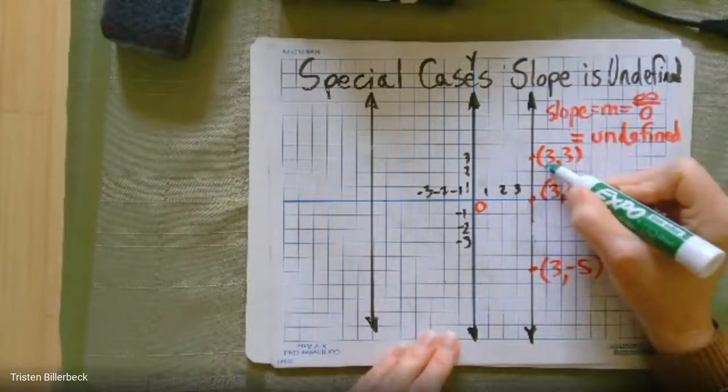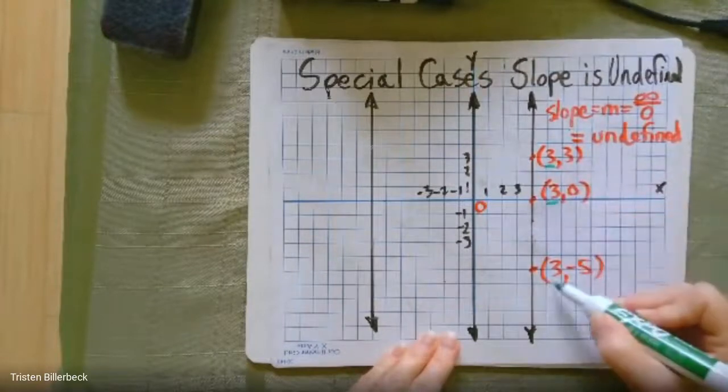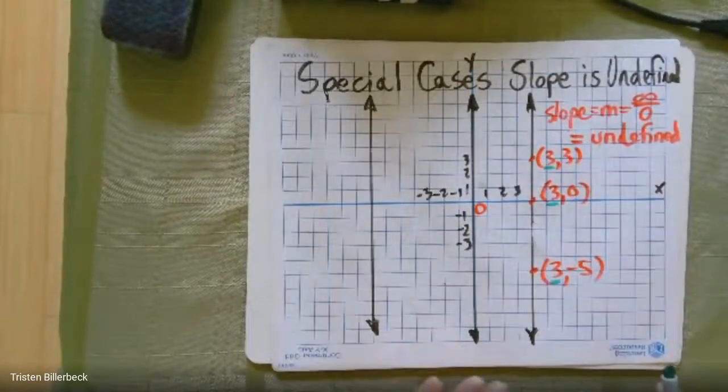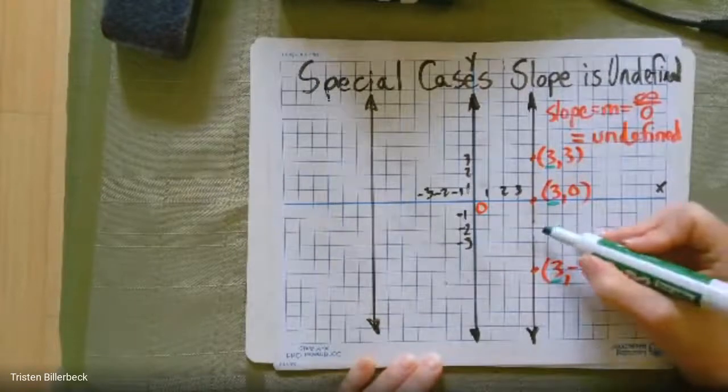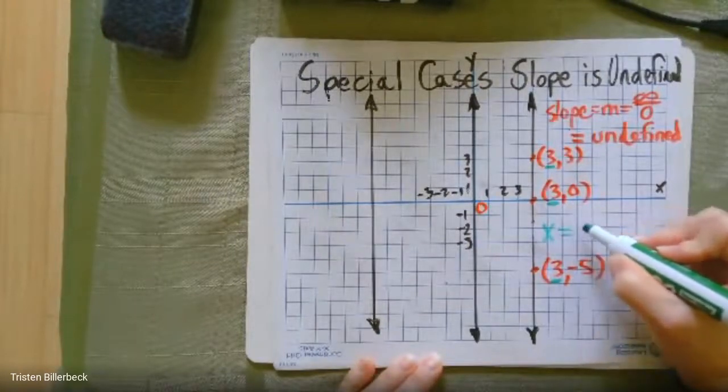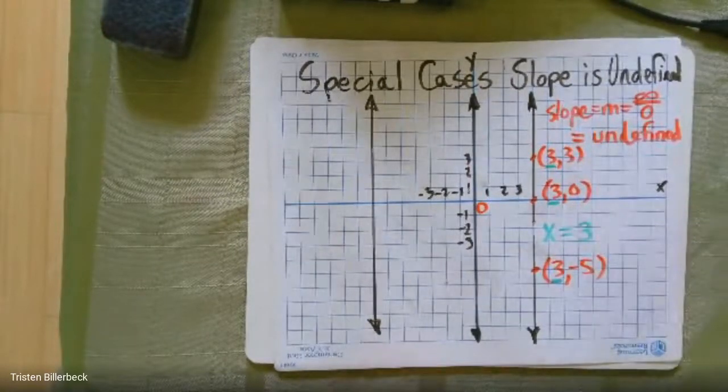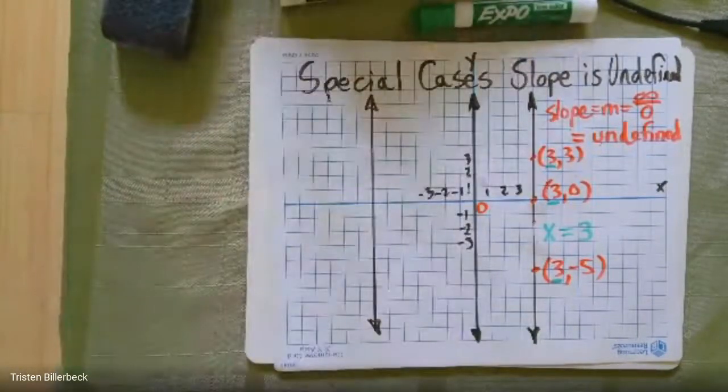No matter what y is, x is 3. So the equation for this one is x equals 3. X is always 3, no matter what y is. X equals 3, and that's how we say it in math. Y can be whatever it wants to be, but x is going to be 3.